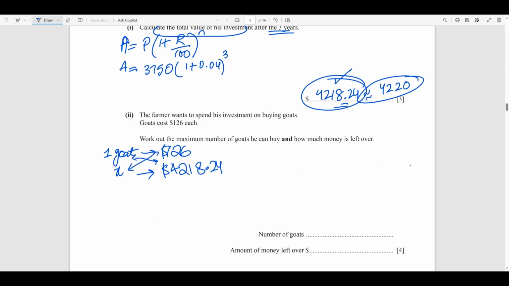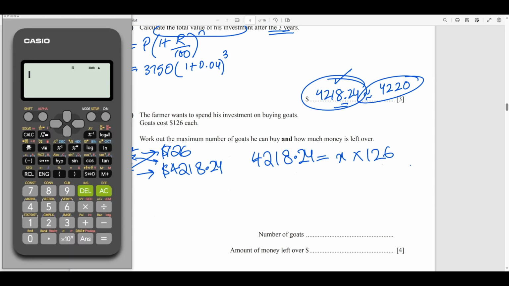And then you cross multiply, because the more goats you buy, the more bill you'll have to pay. So 4218.24 times 1 is equal to x times 126. And when you divide this whole thing by 126, you would get 4218.24 divided by 126. Right.